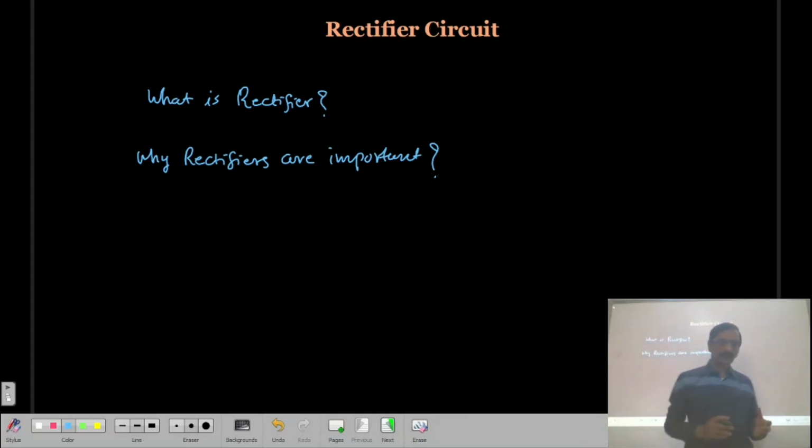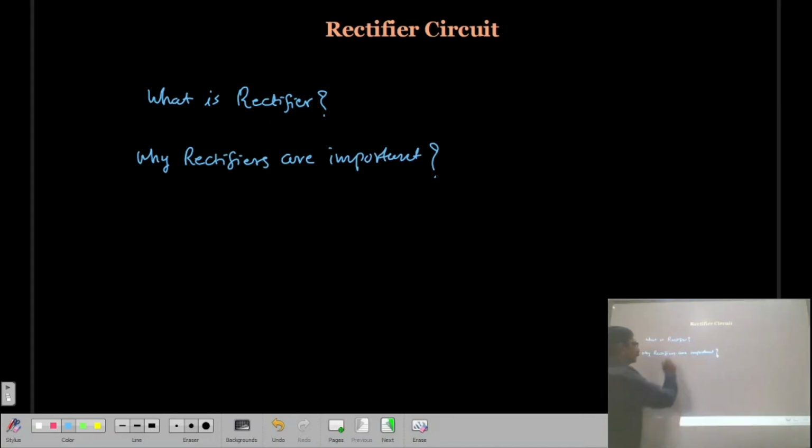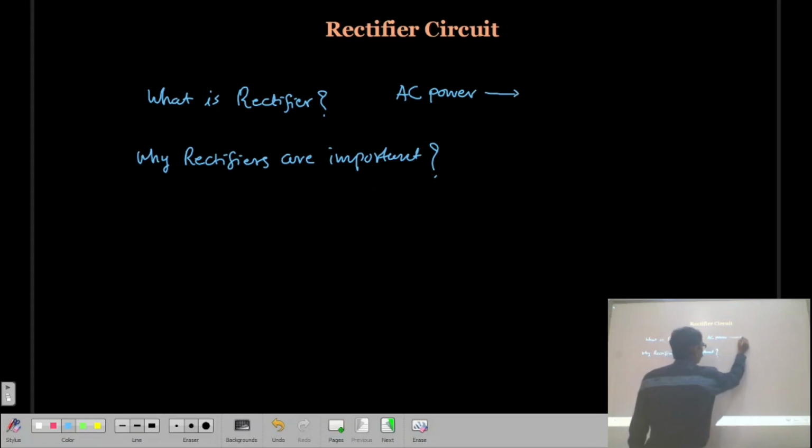It is also converting AC voltage into DC voltage, or AC current into DC current. But in a broad sense, you can say the rectifier is converting AC energy, or AC power, into DC power.